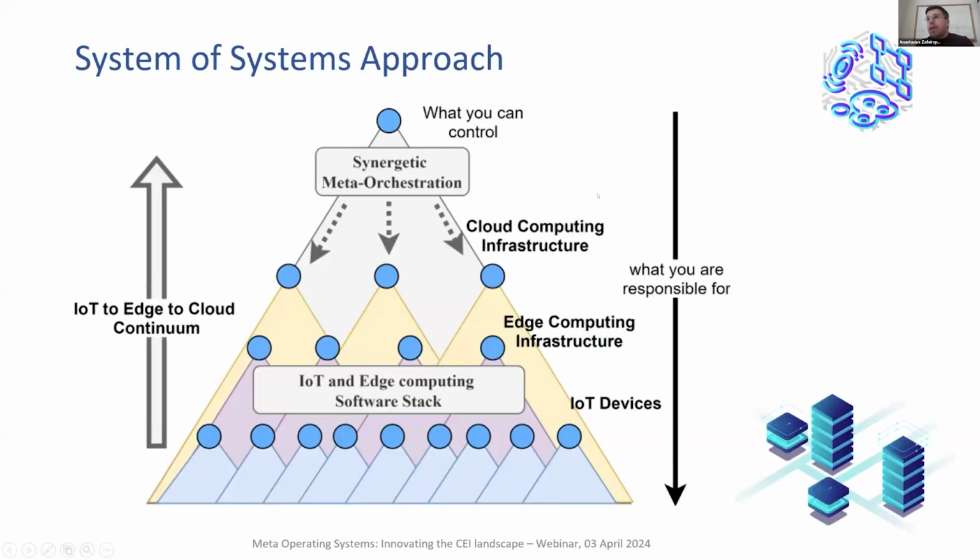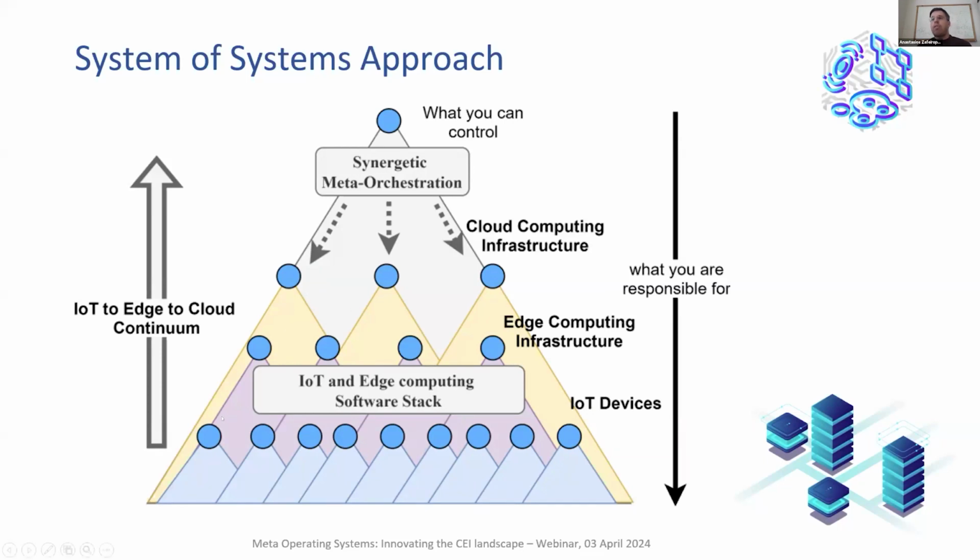So given this, in Nefele, we follow a system of systems approach, where we have a kind of hierarchical decision making, where the upper management entities have the responsibility for the deployment of applications and workloads across the continuum, from IoT to edge to cloud resources. However, the control, the pure management, is distributed in various nodes, in various agents across the continuum.